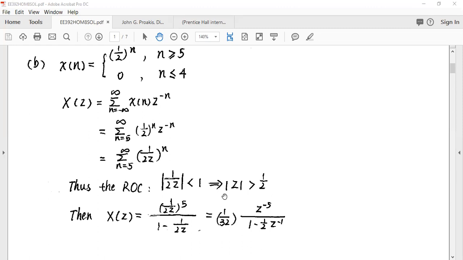Again, to determine the region of convergence, in this particular term this whole equation will be governed by its poles. If the denominator part gives me 0, the function will become undefined, or it will be an infinite value.